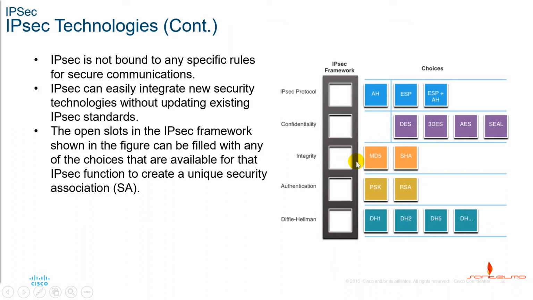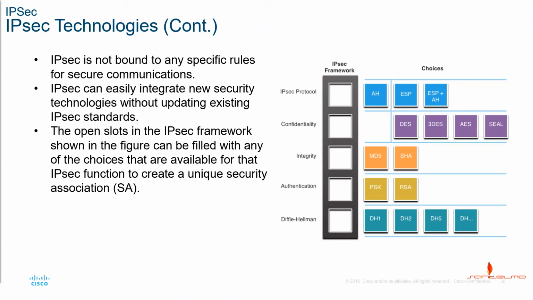The next one is integrity. Integrity ensures that the data arrives unchanged at the destination using a hash algorithm. This includes MD5, or Message Digest 5, and SHA, the Secure Hash Algorithm. The next one is authentication. IPsec uses IKE, or Internet Key Exchange, to authenticate the users and devices that can carry out communication independently.